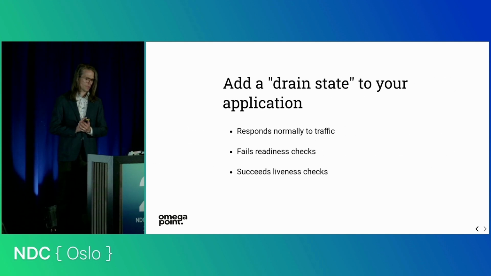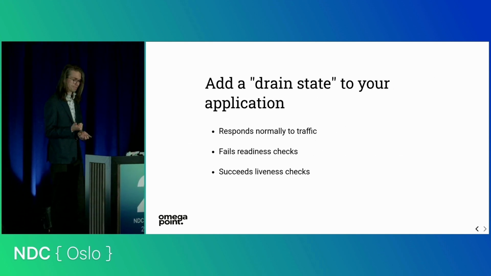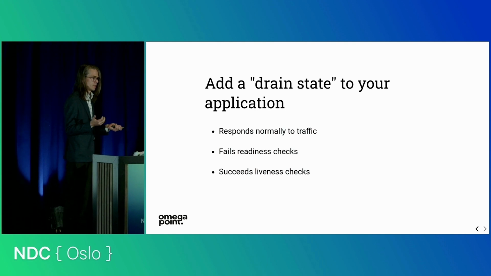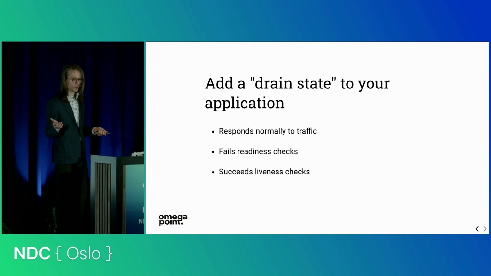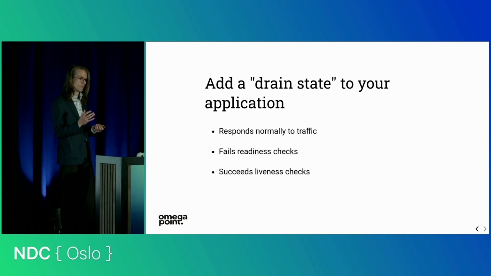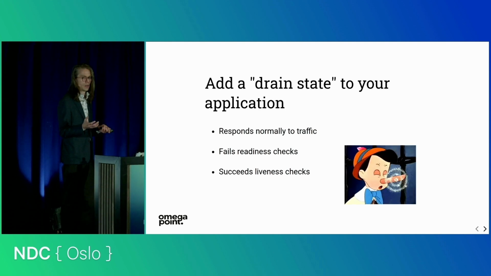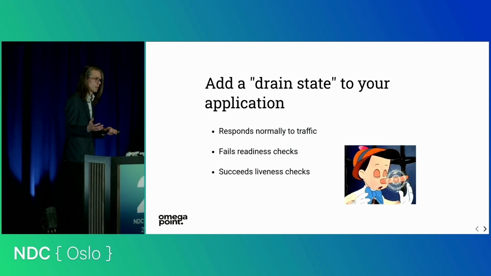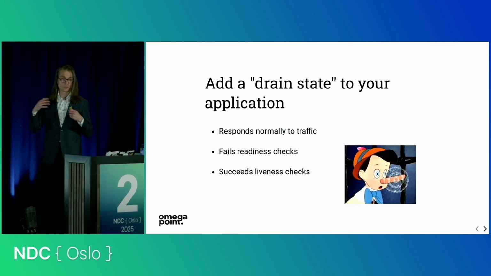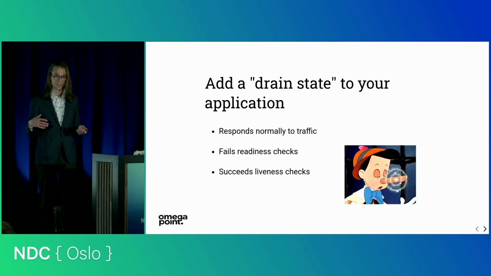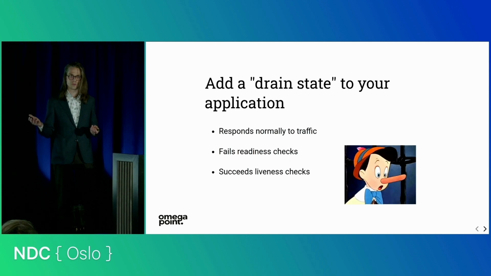But the 3 of them are: first, drain state, which is a state where you catch the SIGTERM coming from the kubelet or from the container runtime, and then you lie to Kubernetes, basically. You say, okay, yeah, I'm going to shut down, and then you don't. You respond normally to traffic, and you succeed the liveness checks, but you fail the readiness check.